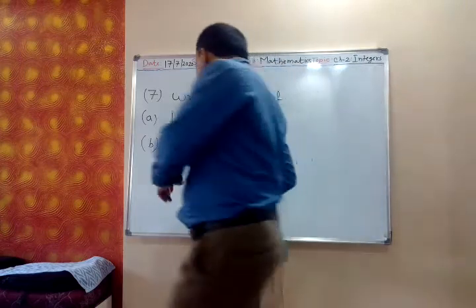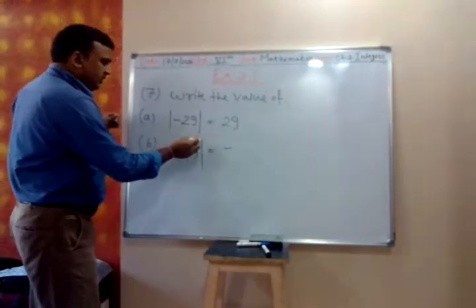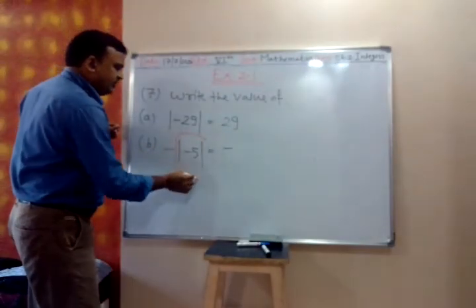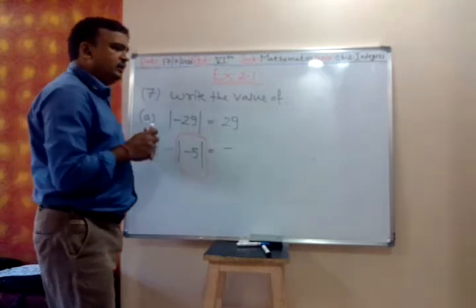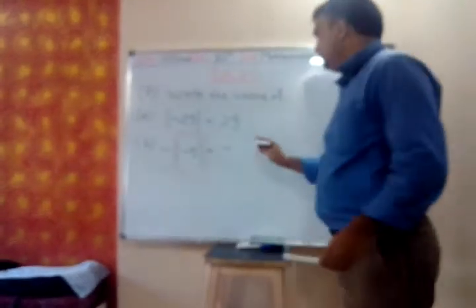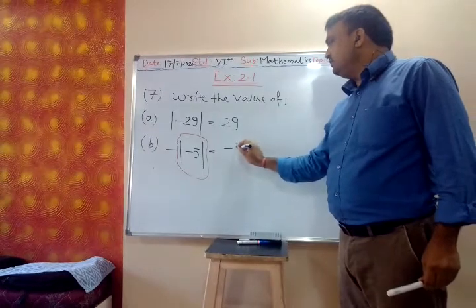What is the absolute value of minus 5? This value will be 5. So the answer is minus 5.